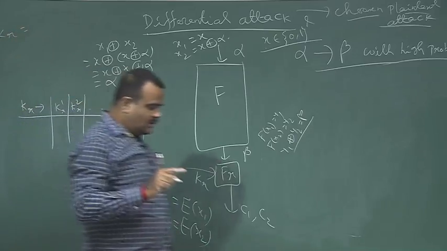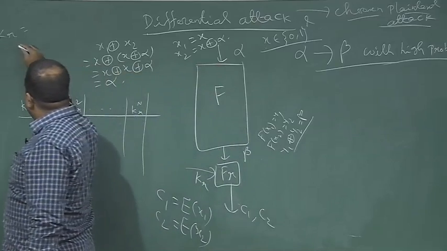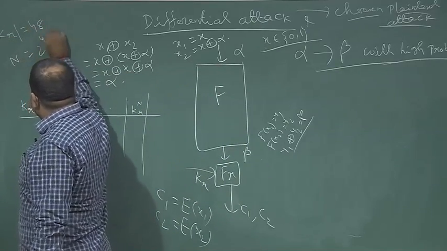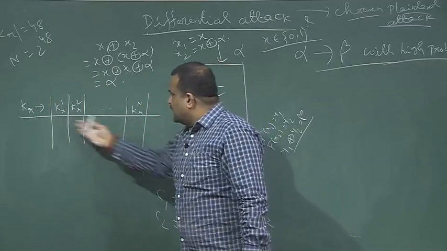For DES, how many bits is the round key? It is 48 bits. So, n is 2 to the power 48 for DES. So, these are all the possible keys.